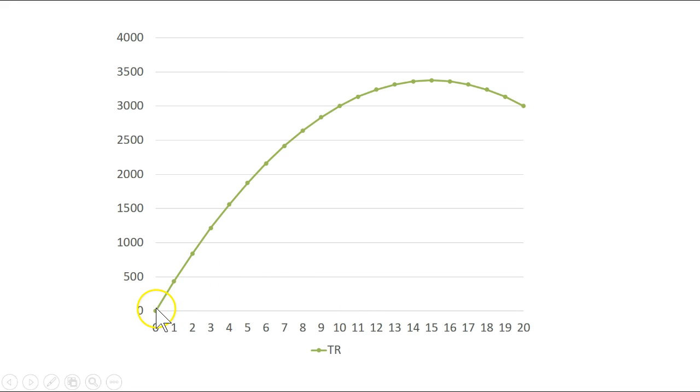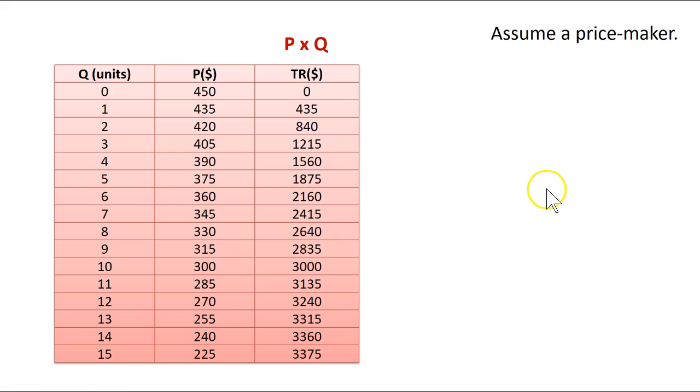When we graph that data, we can see that the total revenue rises, but it reaches a peak, and thereafter total revenue starts to fall. If we went back to the original graph, we can see that price is falling, total revenue is rising until it reaches a peak at 15.